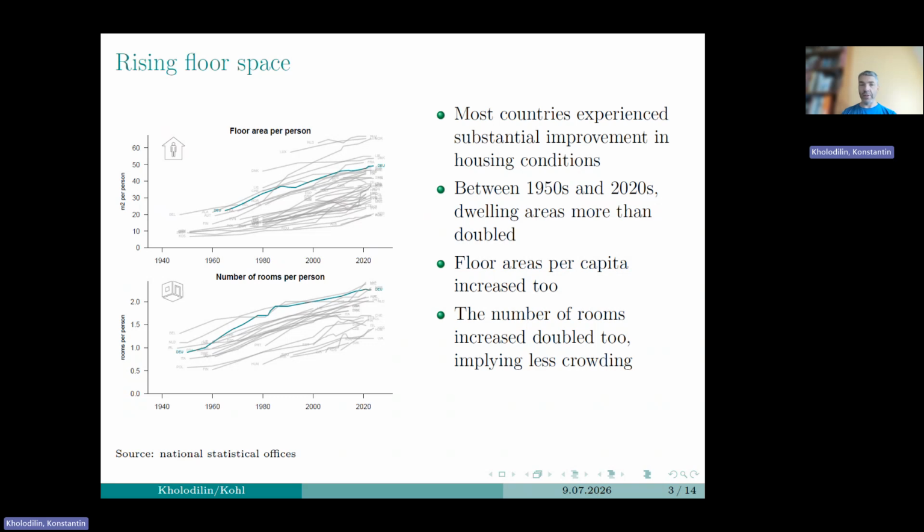According to current standards, if you have less than one room per person, you are living in crowded conditions, so several persons have to share the same room. That was the case in the 1950s. That's not the case, at least on average, anymore, because now you have more than one room per person. Okay, so we've got a huge improvement in terms of housing size.